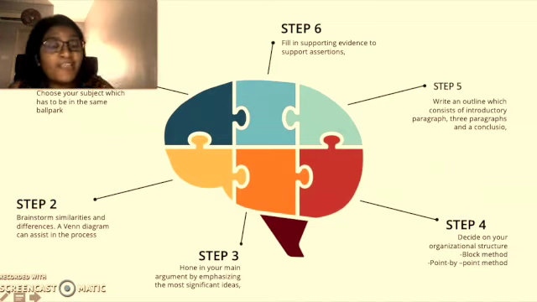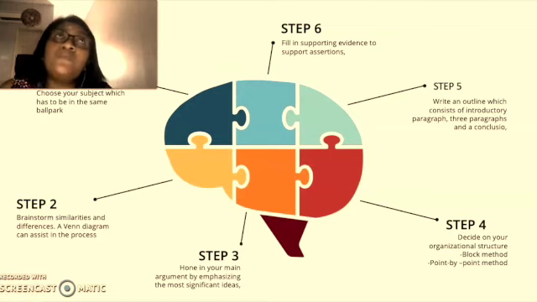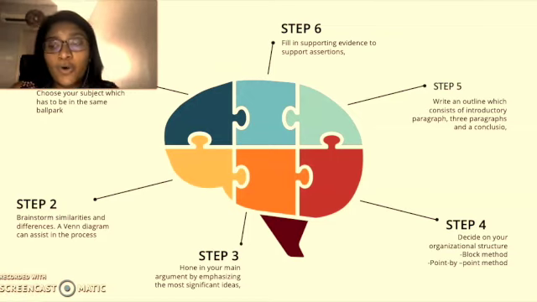And then in step 4, you are supposed to decide which particular strategy or approach you are going to use to write these essays. Do you want to go with the point by point method or the block method?